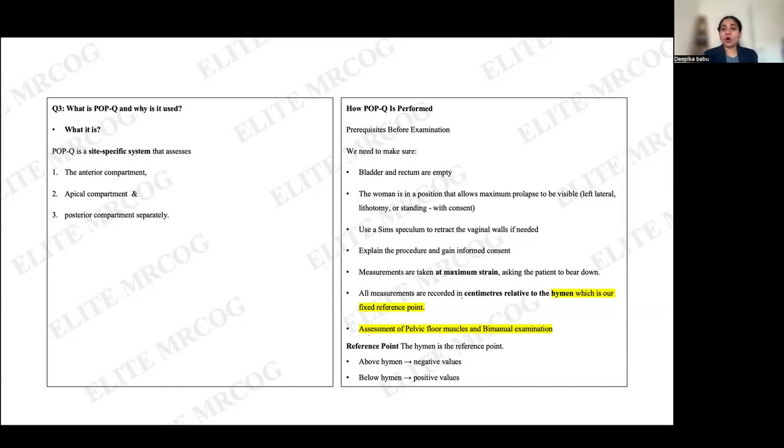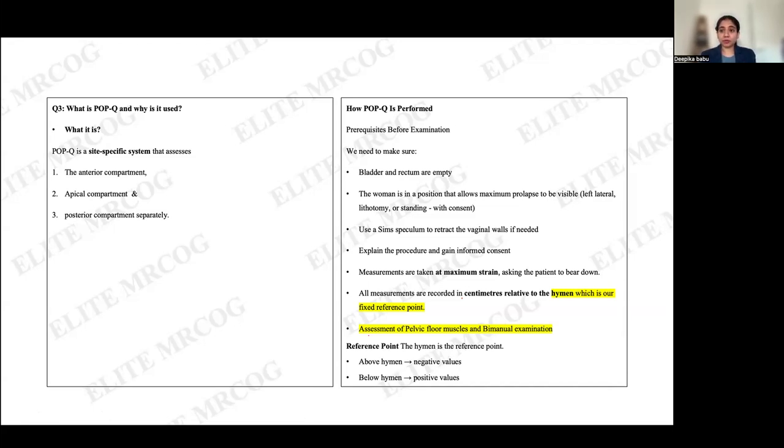And then we take all the measurements at maximum prolapse, maximum strain, except what? Total vaginal length. Yes, total vaginal length, for which we have to reduce the prolapse and then take it. That was the question for you: how do we measure the total vaginal length?